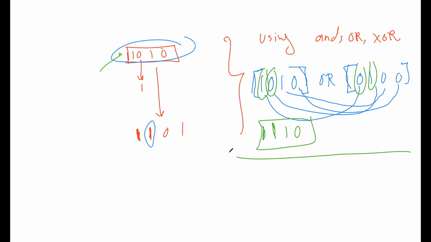Second example, assume that we want to unset this bit, making it 0, and we want to have this value, 1, 0, 0, 0.